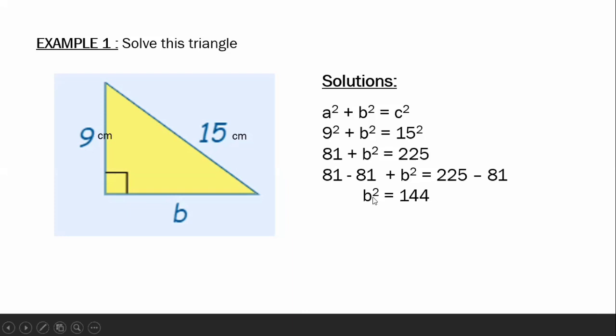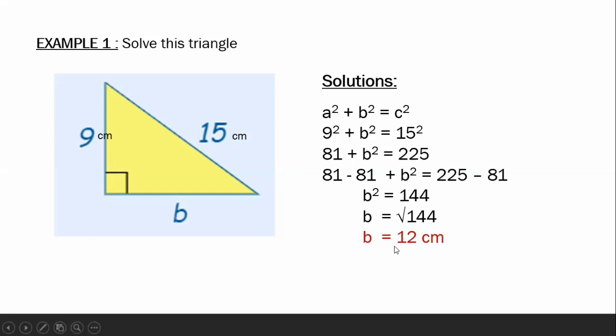Then, by simply taking the square root of both sides, the equation will be like this. The exponent 2 cancels out, and B is equal now to the square root of 144. And lastly, the square root of 144 is 12 by simply using your calculators. Therefore, the measurement of the side B of this triangle is 12 centimeters.